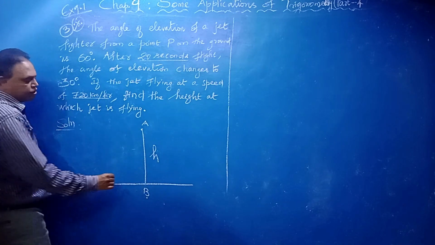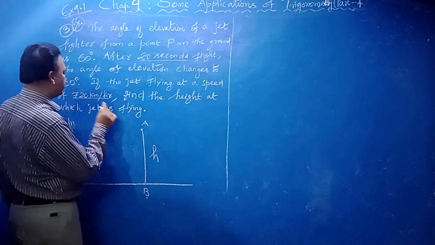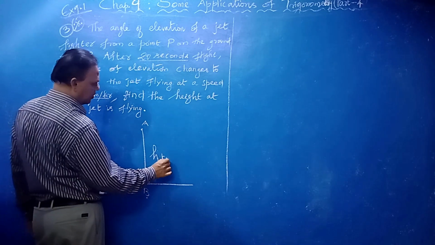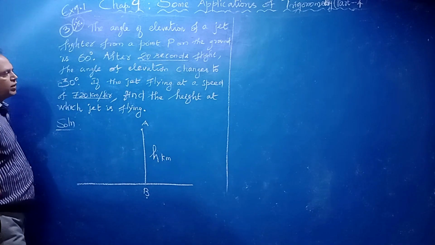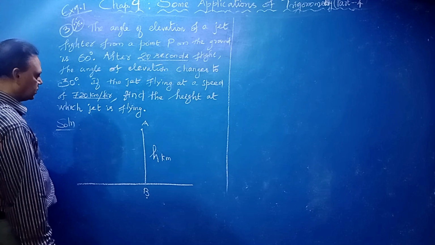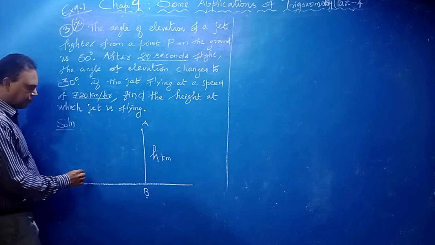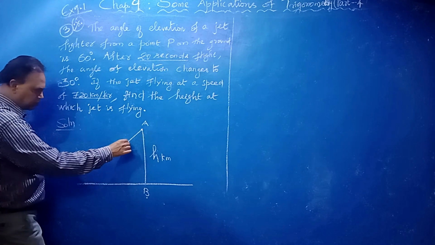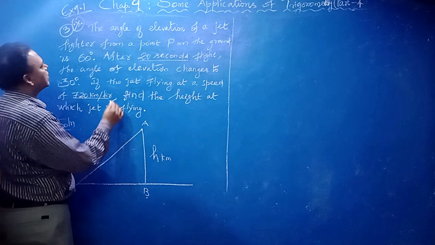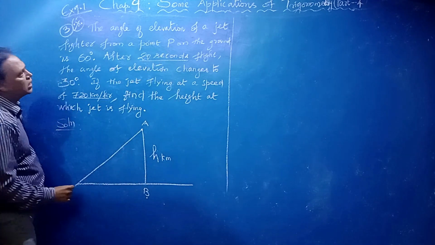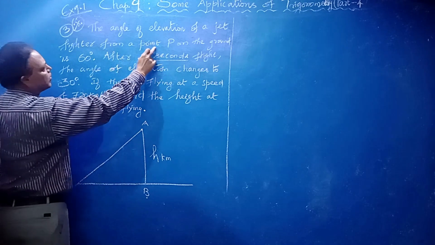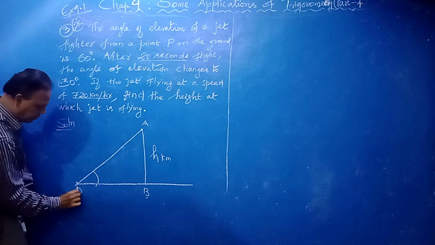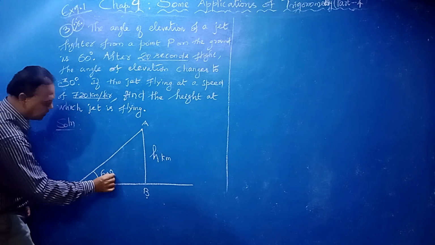Since the speed is given in kilometer per hour, you take h in kilometer. Next, the angle of elevation of the jet fighter at the initial position from point P on the ground is 60 degree. From here, 60 degree is the angle of elevation.